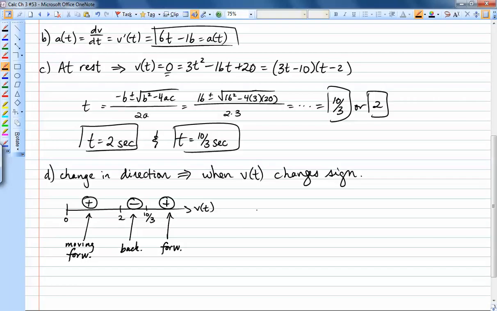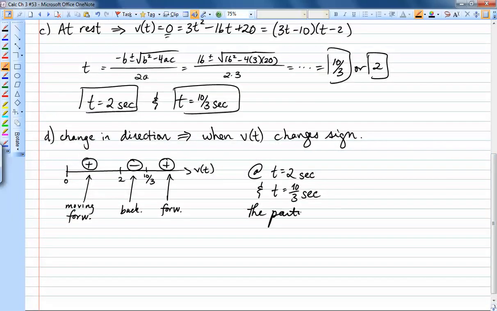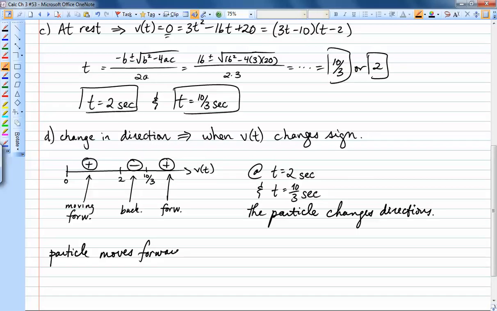That means that at t equals 2 seconds and t equals 10/3 seconds, the particle changes directions. And in fact, we can describe even more. We can say that the particle moves forwards from 0 to 2 seconds.